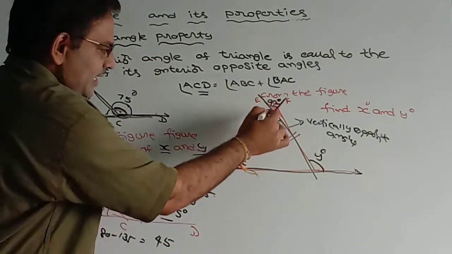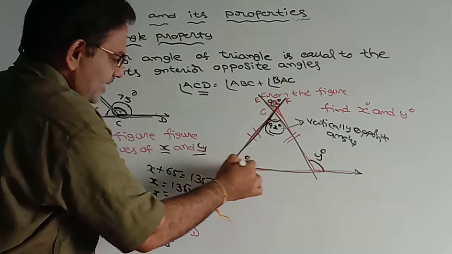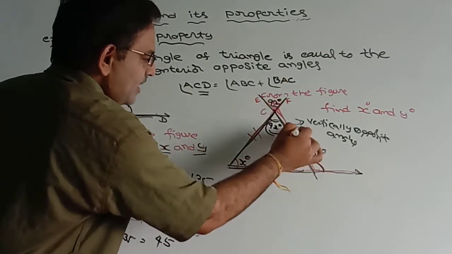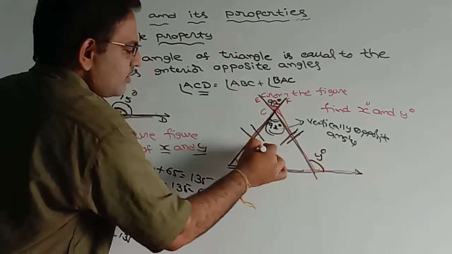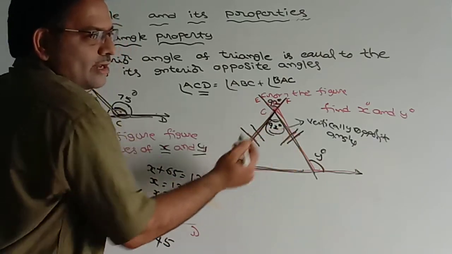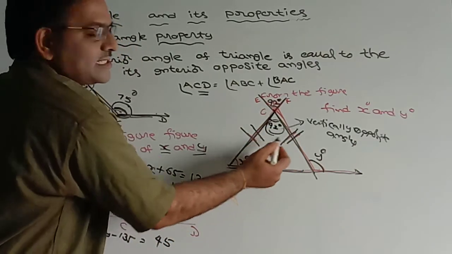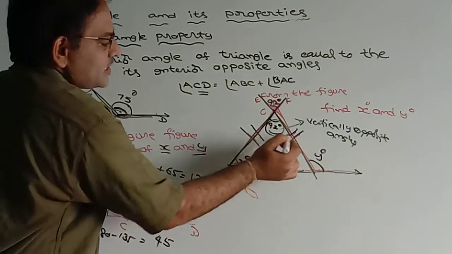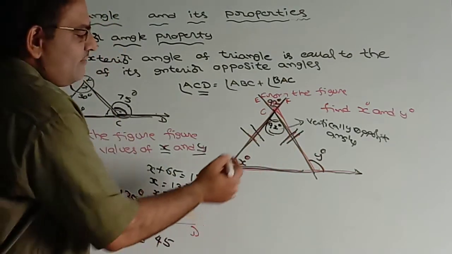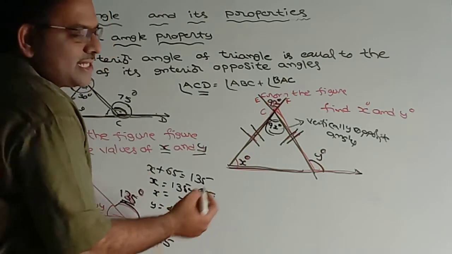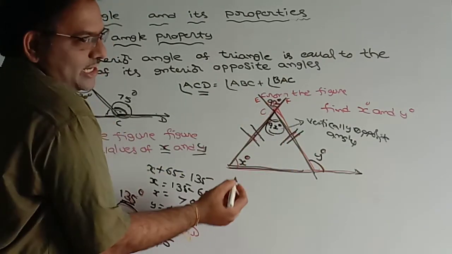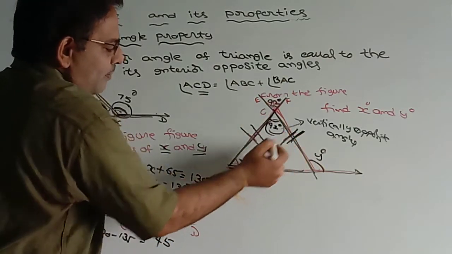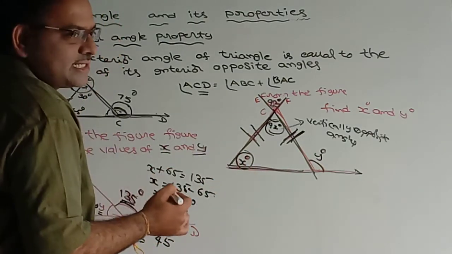Now here you observe, this is the triangle. Here two arrow marks are there. What is the inner meaning of these two arrow marks? That means an isosceles triangle. Isosceles triangle means two sides are equal. When two sides are equal, the opposite angles are also equal. This side's opposite angle will be x degrees.